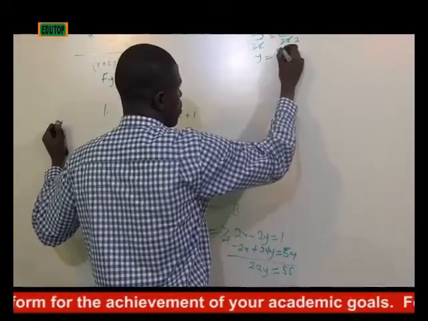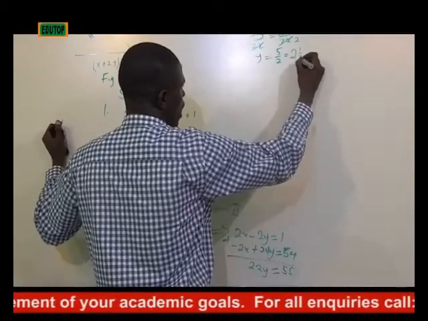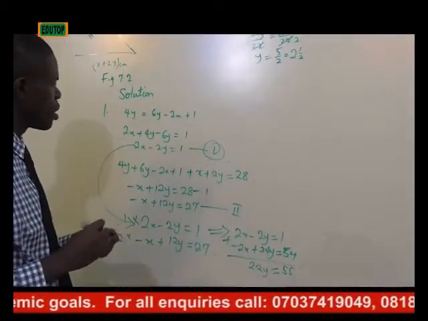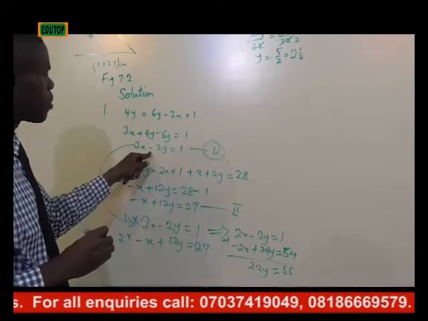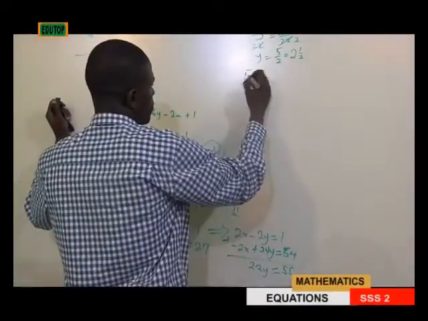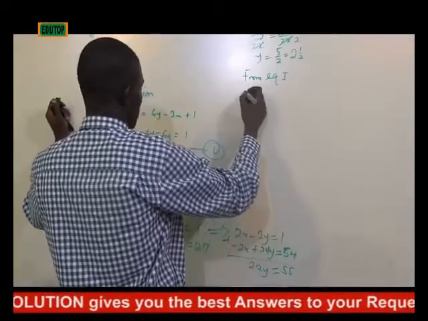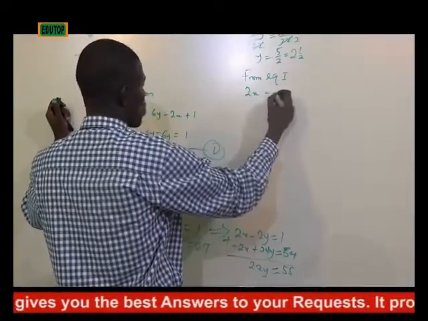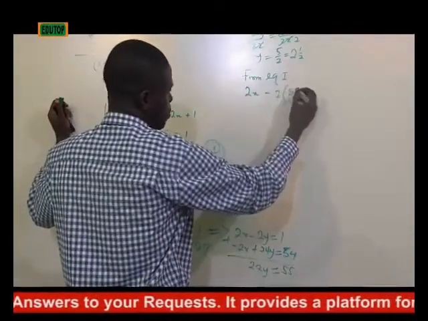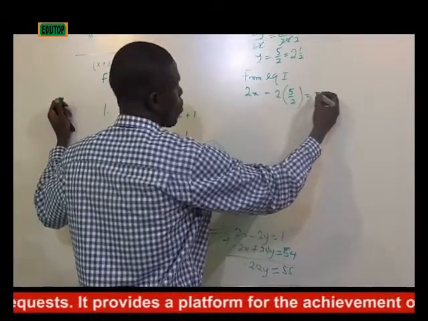So we have 5 over 2, which is also the same thing as 2 and 1 over 2. That is our y. Then we can use equation 1 to calculate our x. From equation 1, we have 2x minus 2 times y, and since y is 5 over 2, we replace y with 5 over 2, equals 1.